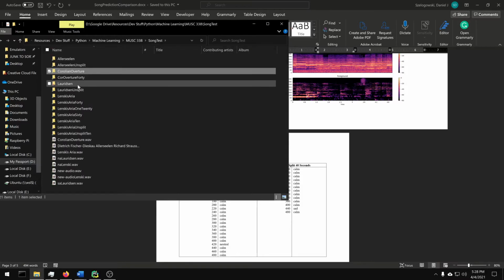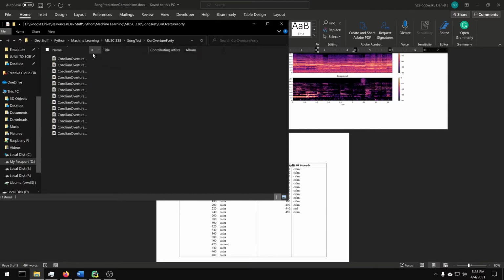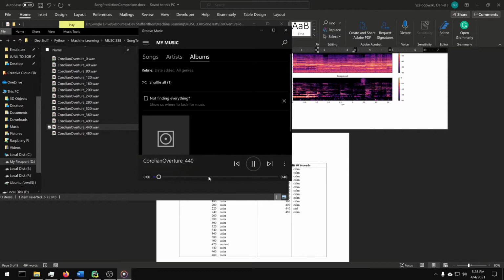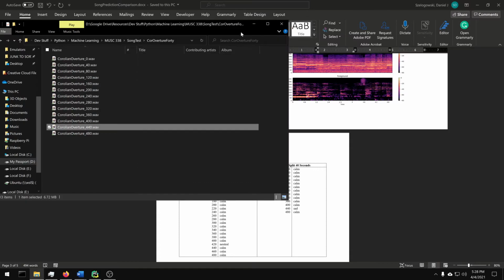With a longer context, though, that acts a little bit different. So if we listen to 440 here, where it thinks it's sad, we have a little bit more of that melodic minor harmony kind of driving into it.